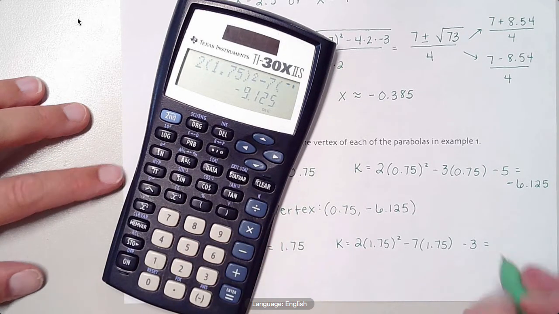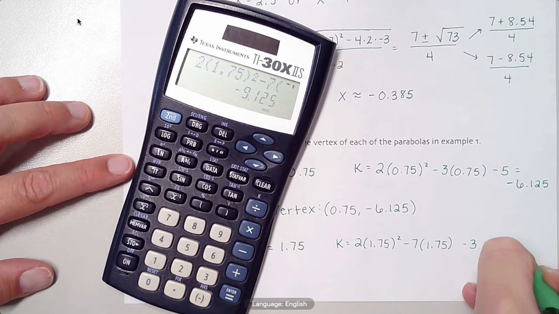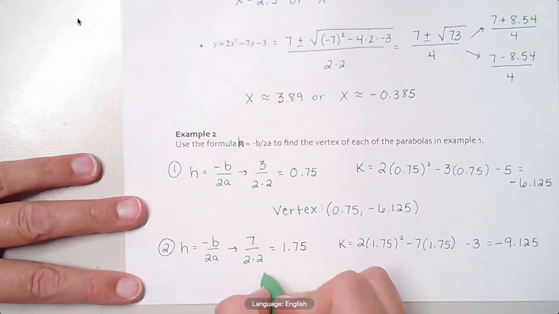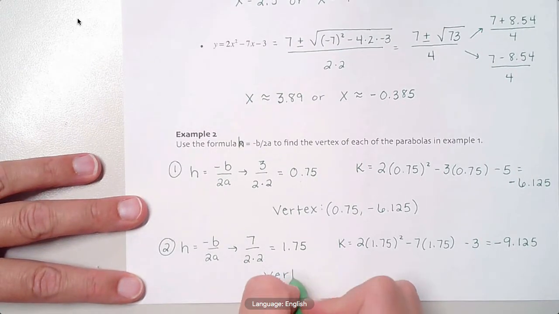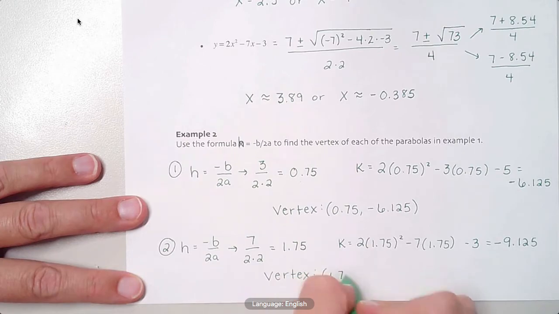And I end up with negative 9.125. So my vertex would be 1.75, negative 9.125.